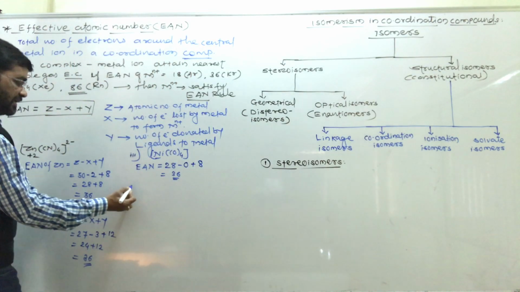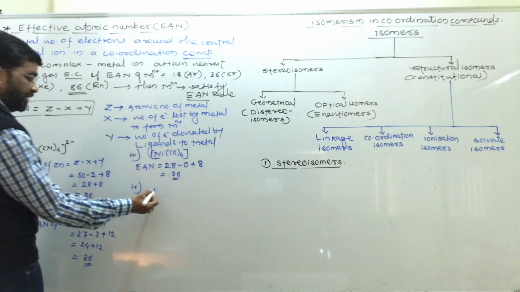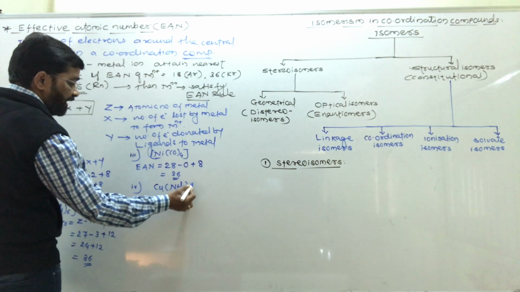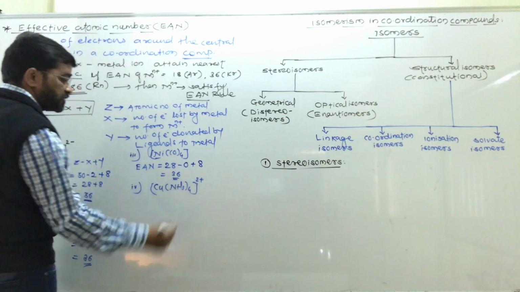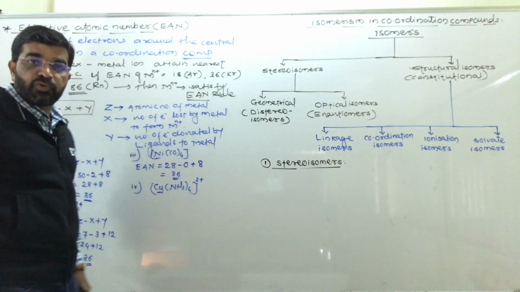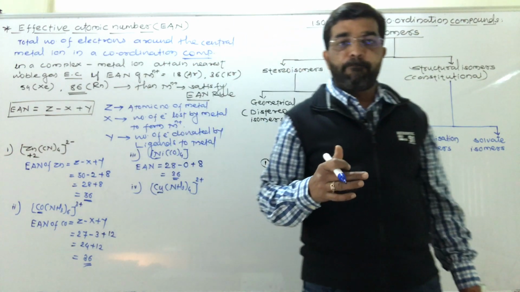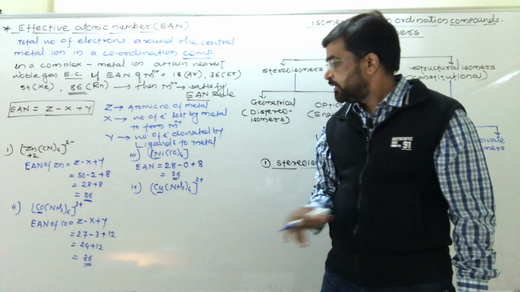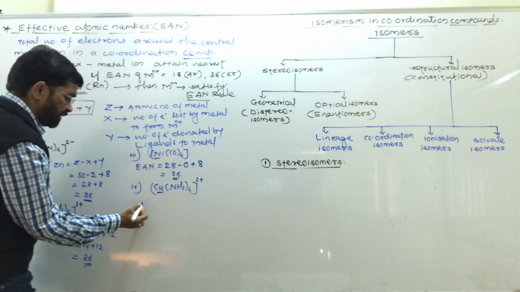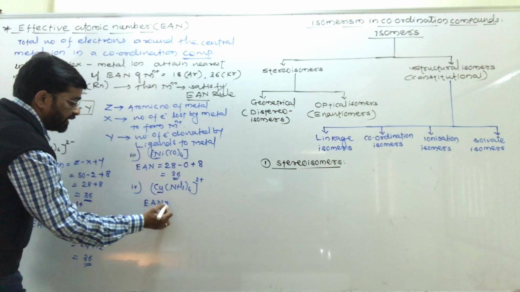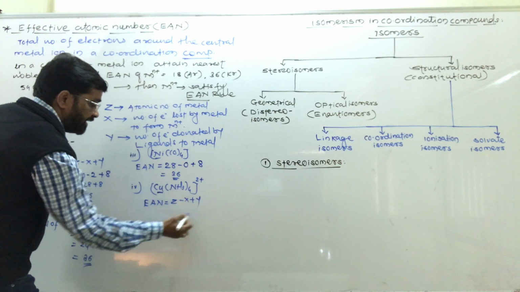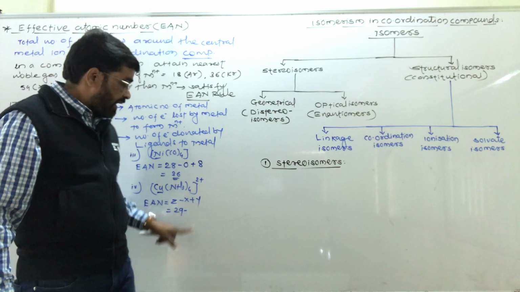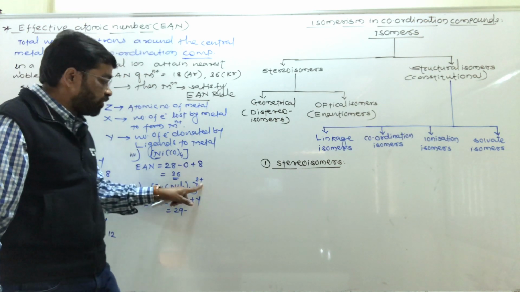Then see the next example. Here we have to take Cu(NH3)4, and here 2 plus charge. Obviously we have to find out the effective atomic number of the metal ion present in that coordination compound. Here the effective atomic number of copper is equal to the same formula Z minus X plus Y. Atomic number of copper is 29. Now this is the oxidation number of copper. Why?